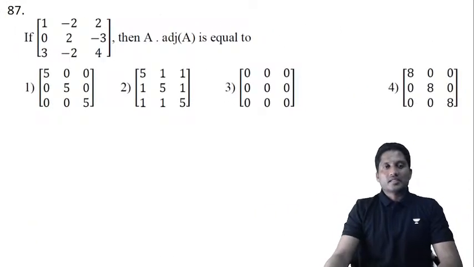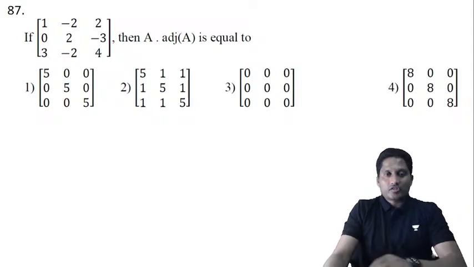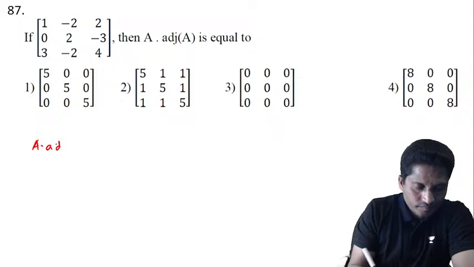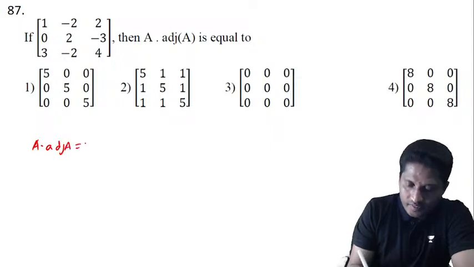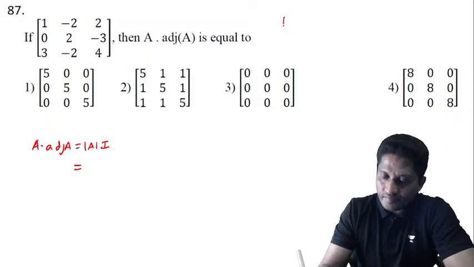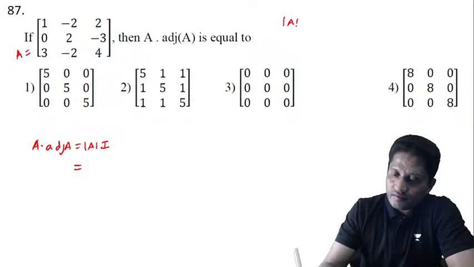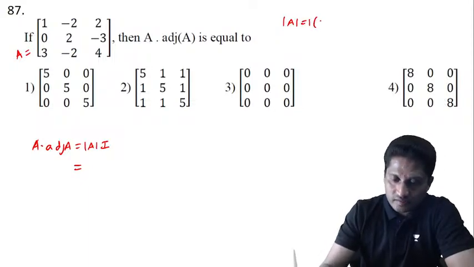Okay, question number 87. I am supposed to find A into adjoint A. We know that A into adjoint of A is determinant A into I, right? So if I find determinant A, let's say this is matrix A. Determinant A is equal to, delete first row, first column, you will get 8 minus 6.